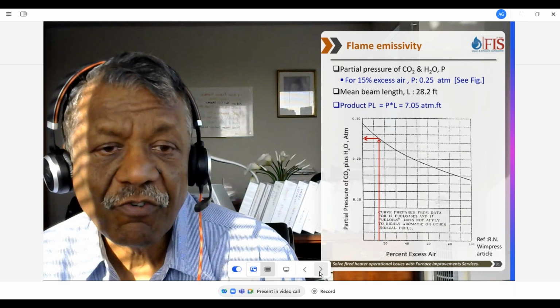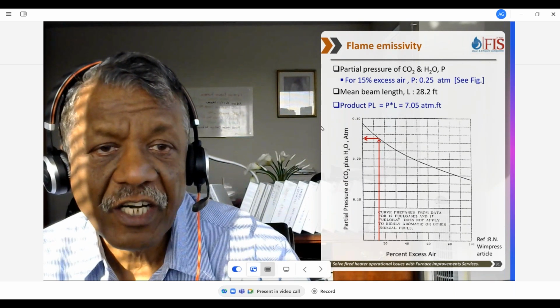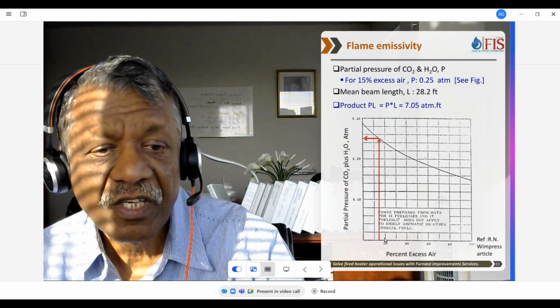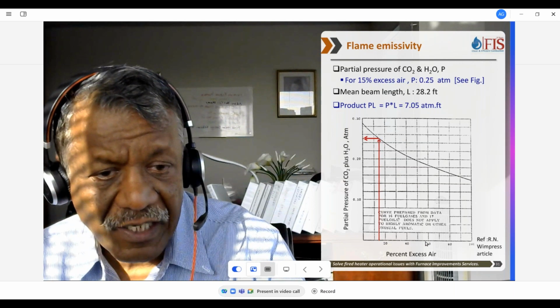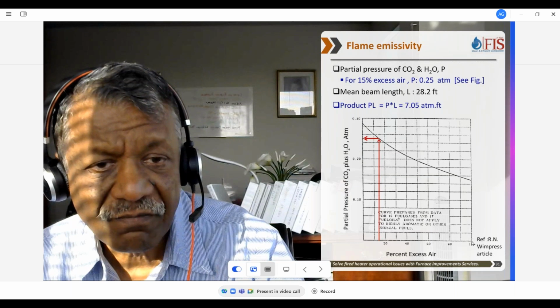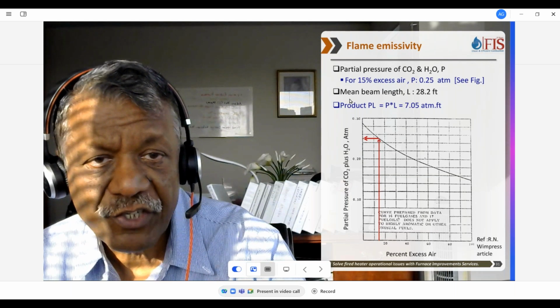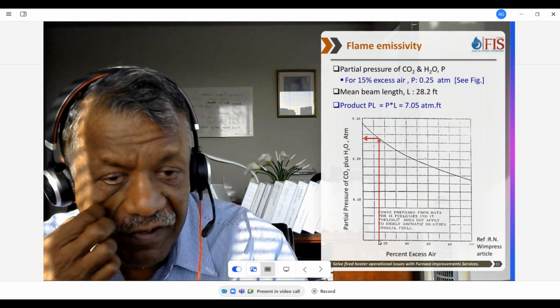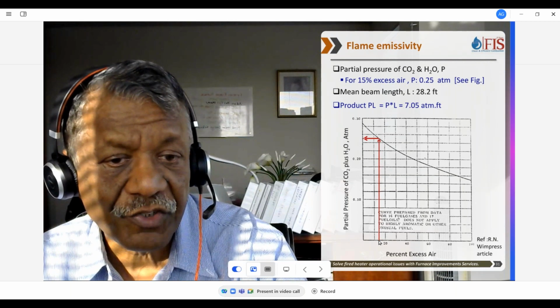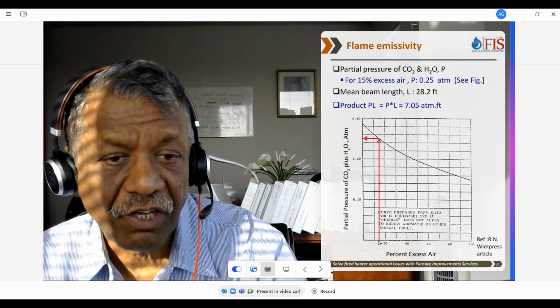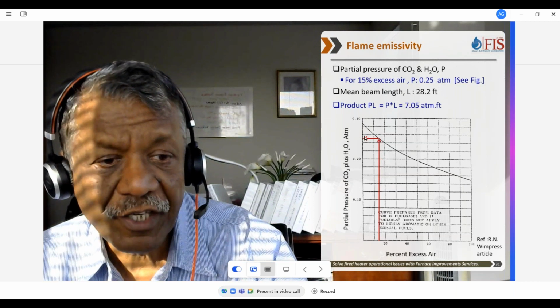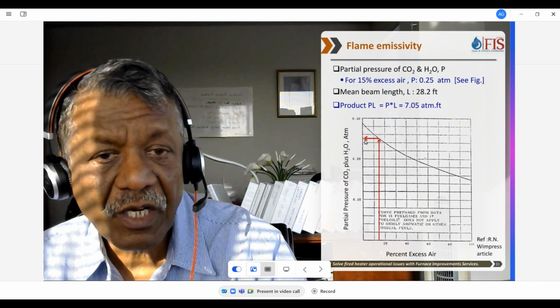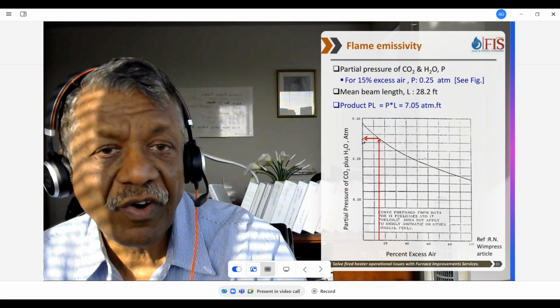And the next thing we do is we calculate the partial pressure. This is the excess air in your flue gases, and here is the partial pressure. So generally, we are looking at 15% excess air or 3% excess O2 as we call it. And if you look at over here, we get a number of about 0.25.